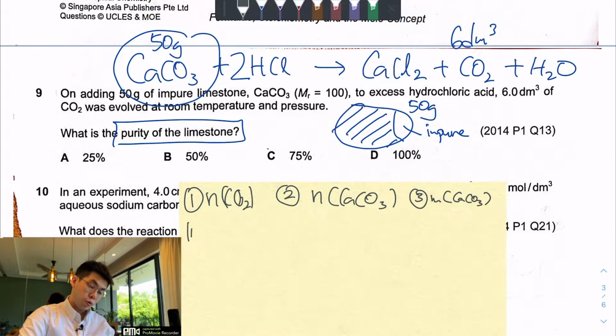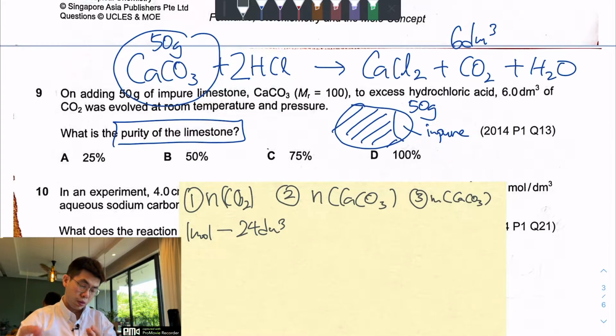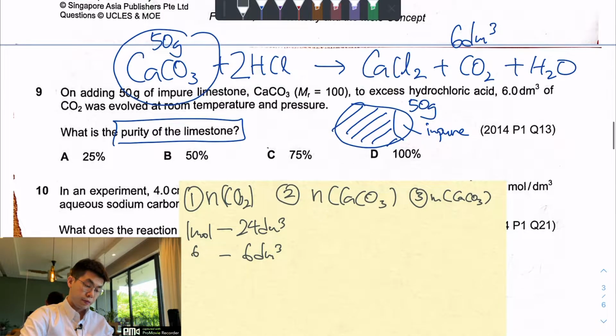So if 1 mole is equivalent to 24 dm cubed, then 6 dm cubed has to be less than 1 mole. So it's 6 divided by 24, and that is 1 over 4, so 0.25 mole. Based on mole ratio, this is 1:1.